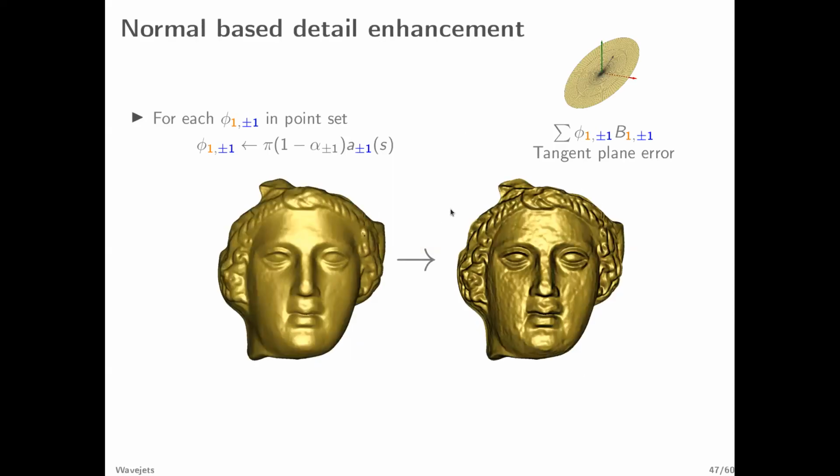So here it's a little trickier to just modify one of the coefficients of the decomposition. And what's important here is that actually the points don't move. It looks sharper only because the surface normals changed.